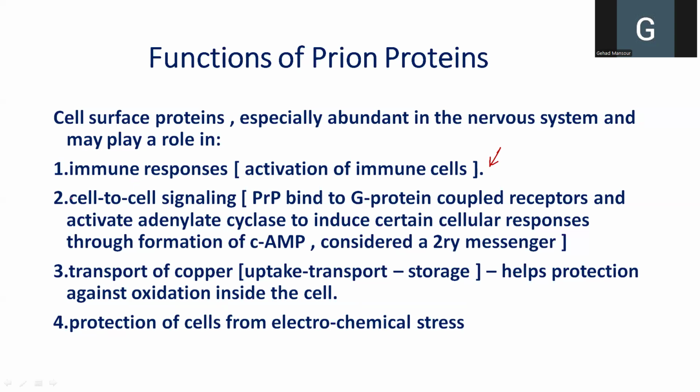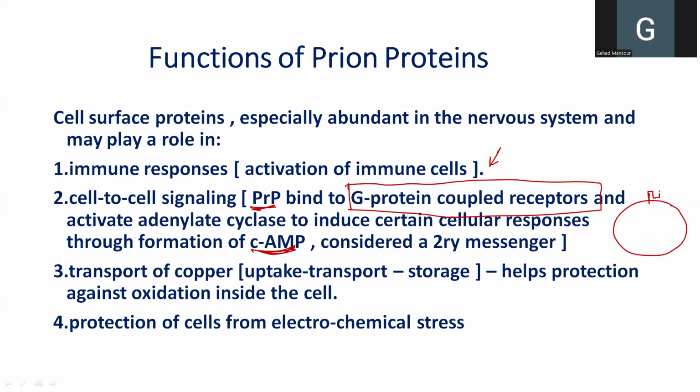They are important for communication between the cells, and we will discuss this in the second unit on the cell, because these normal prion proteins can bind with specific protein receptors on the surface of the cell and stimulate an enzyme called adenylate cyclase that converts ATP into a cyclic form called cyclic AMP, which is considered a secondary messenger in the cell and induces certain responses in the cell.